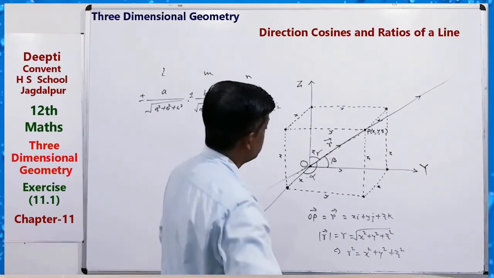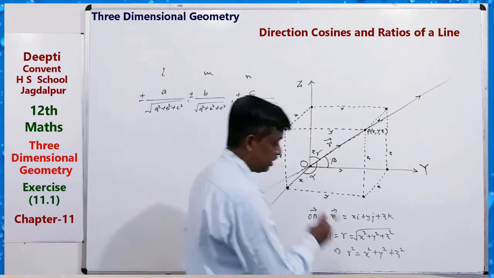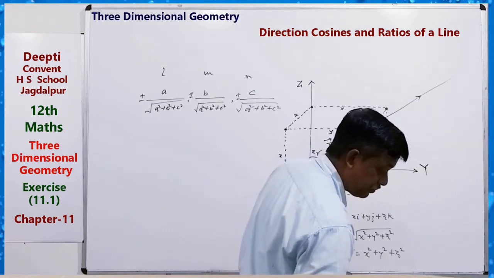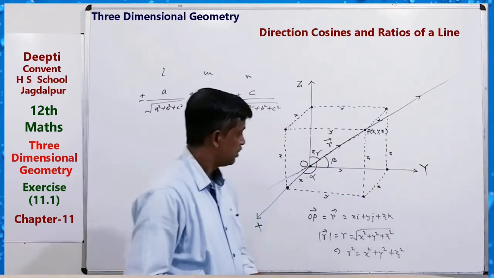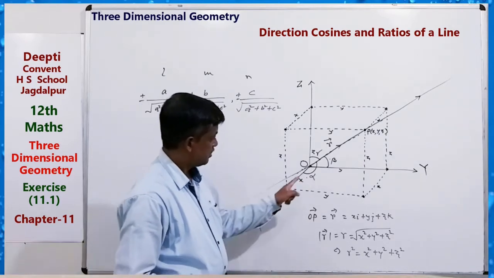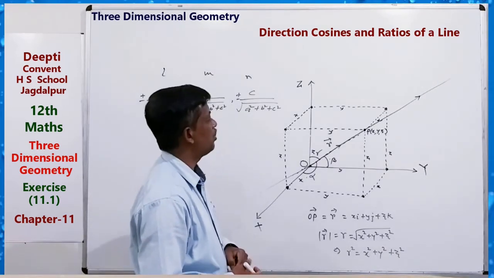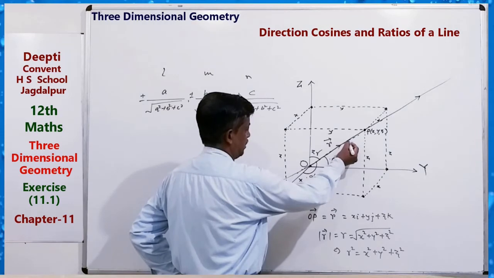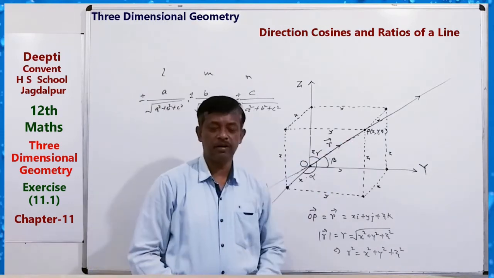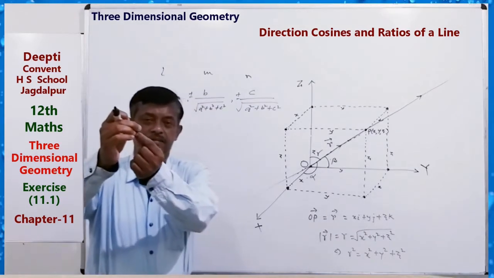Here also we can see that a line having direction cosines, here cos alpha, alpha is an angle. If we take a point on this line, then this line OP, where O is the origin and P is the point.